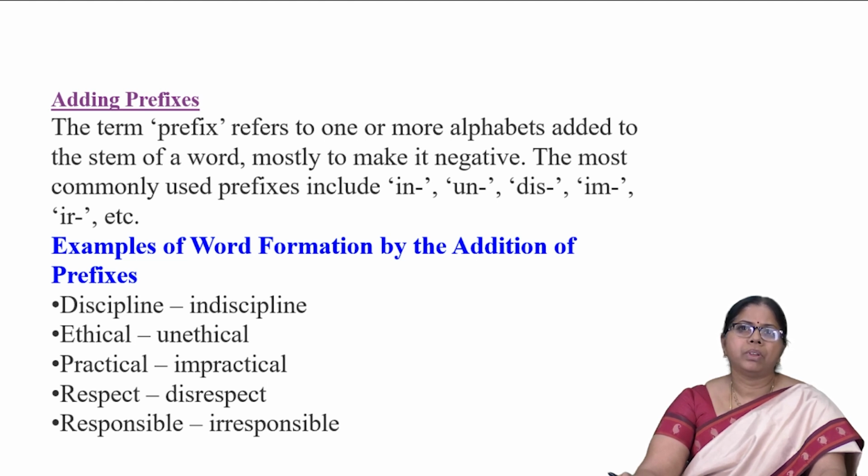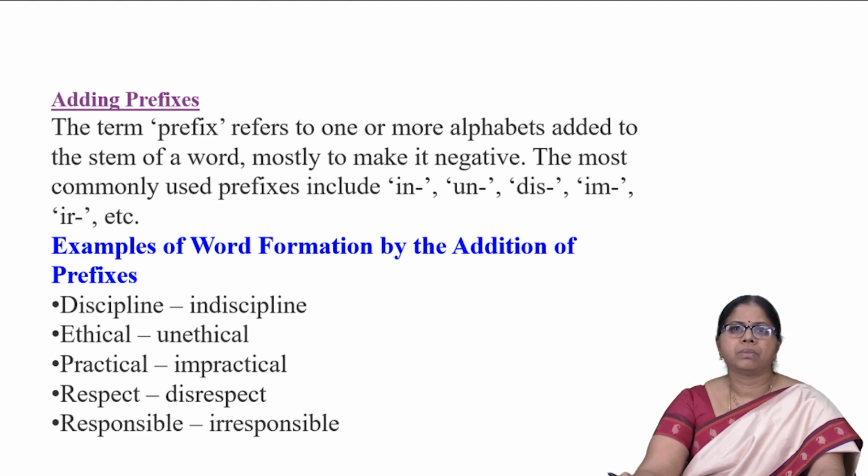For example, to discipline we have prefixed in. To ethical, we have prefixed un and got a new word, unethical. To practical, we have prefixed im and derived the new word impractical.